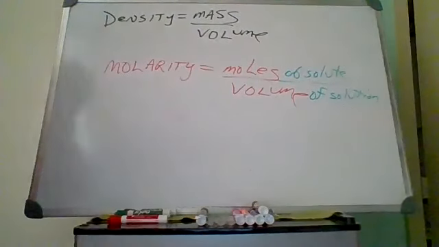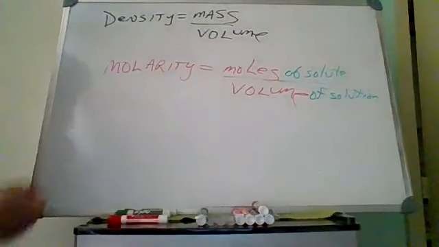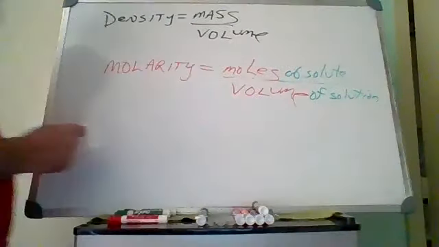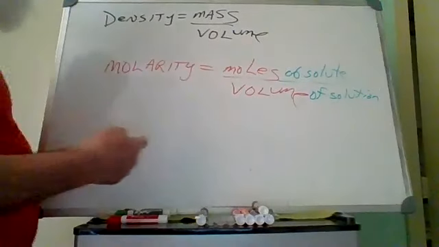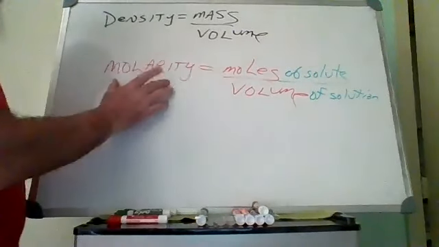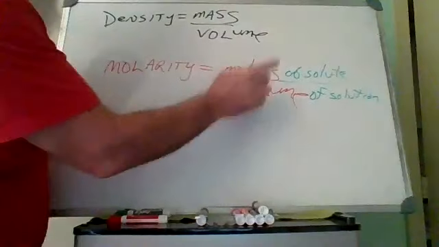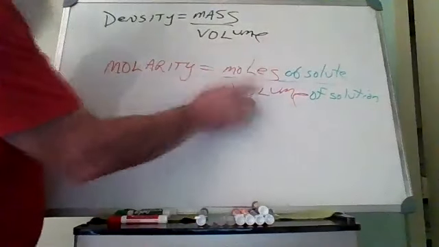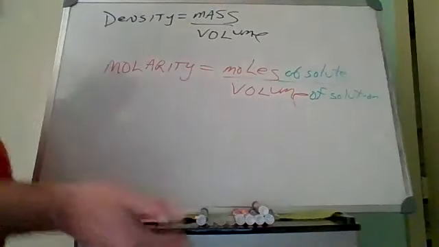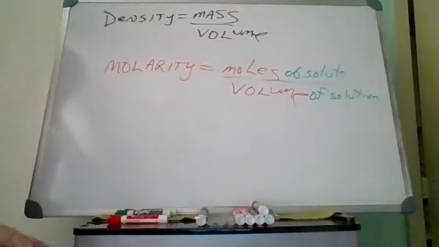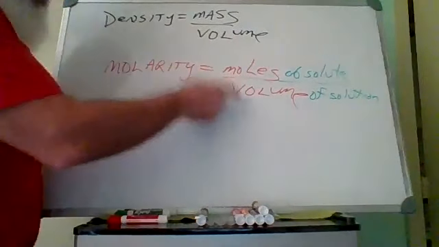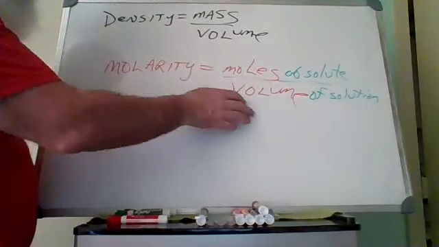Right now, when we go to actually work some problems with this, instead of writing volume here, I'm going to replace it with liters, because in this molarity equation, this volume is always measured in liters. But sometimes I'm going to give you the problem in milliliters. So I want you to remember this in terms of liters.